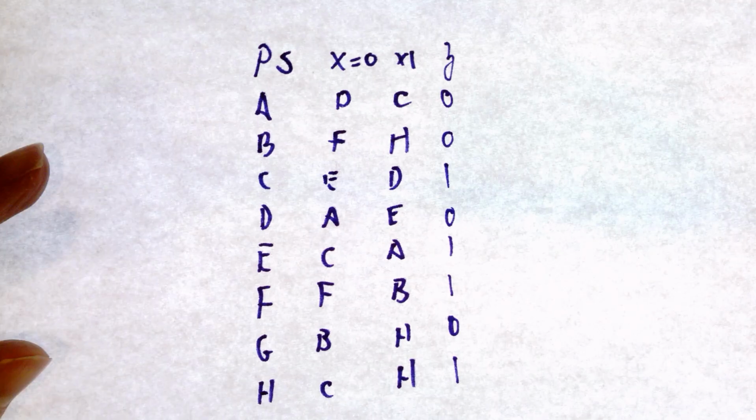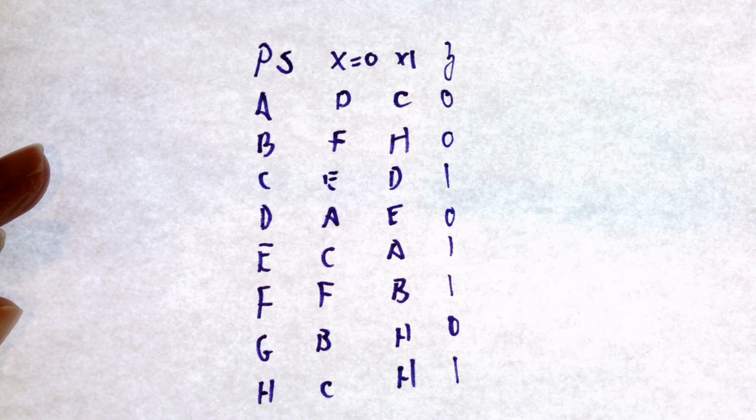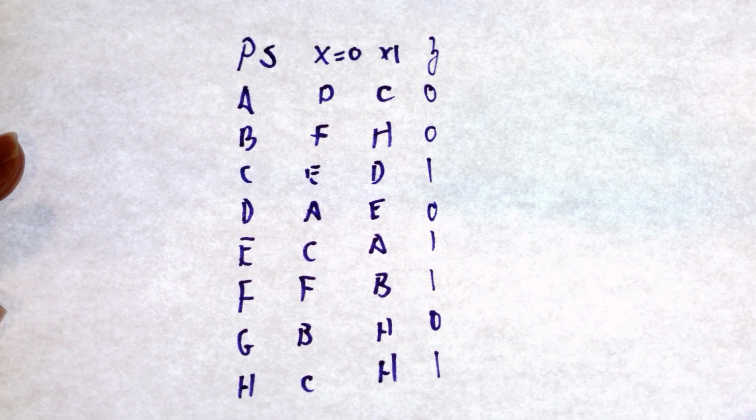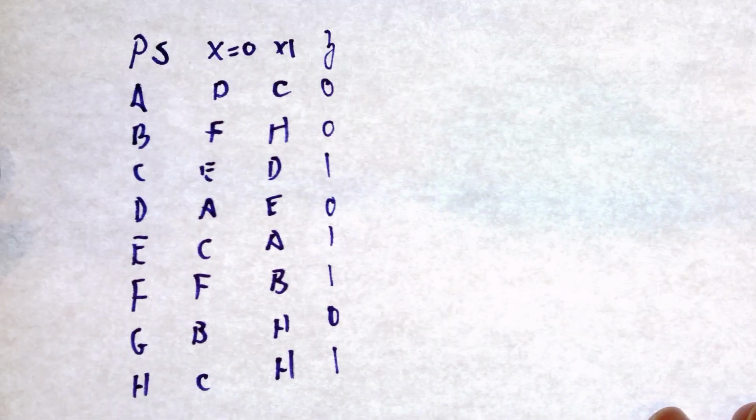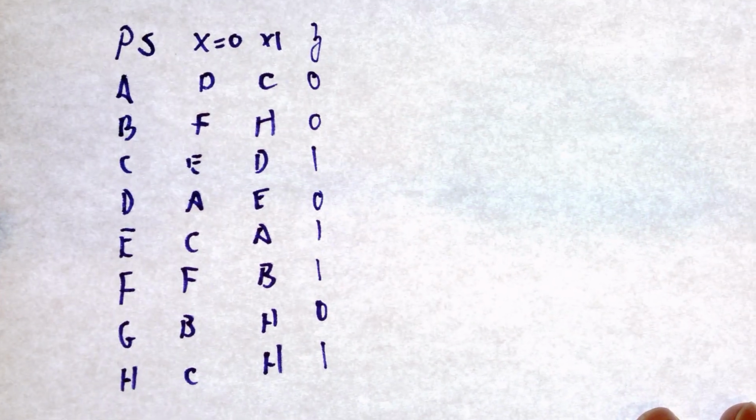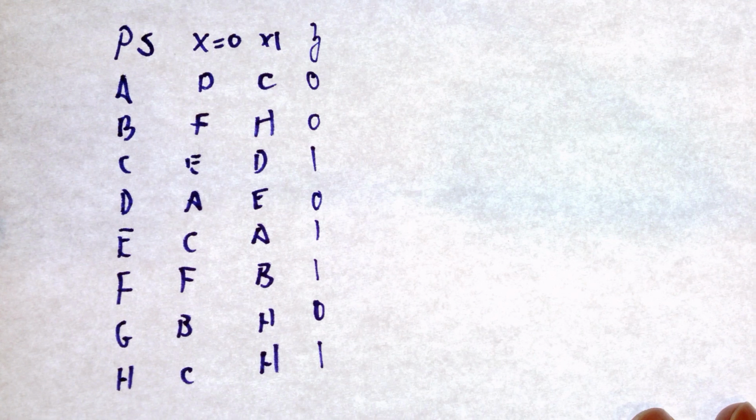So now let's look around for row minimization techniques. I see nothing that stands out. So at our next step, we form the implication chart, implication table.